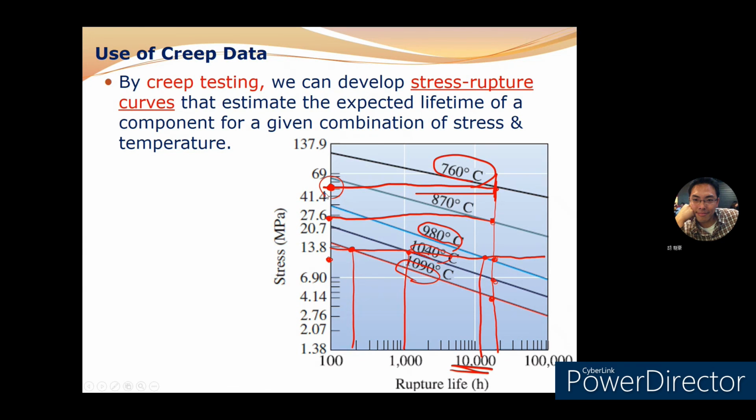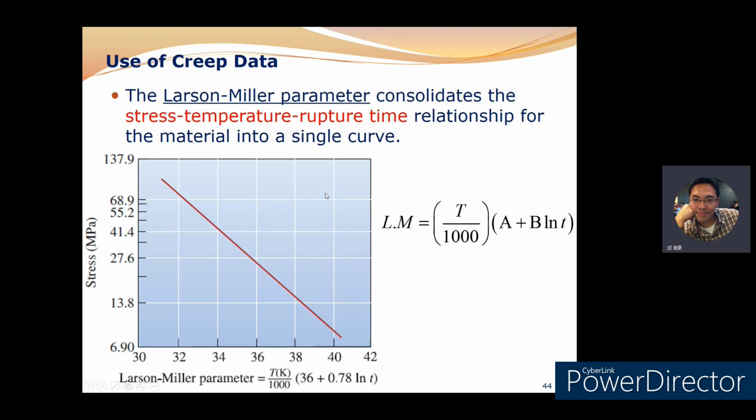And a guy called Larson-Miller developed an index called the Larson-Miller parameter, LM, that correlates the stress, temperature, and rupture time. The three parameters, stress, temperature, and rupture time, for the material are related in a single curve.